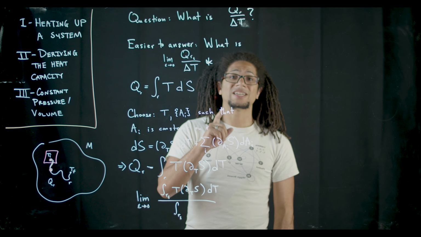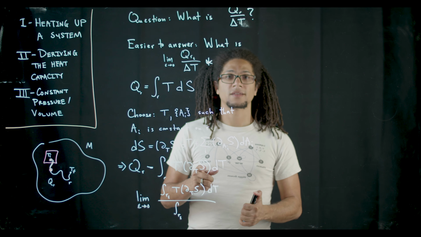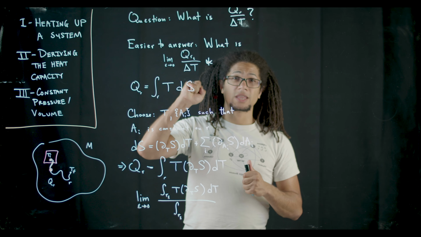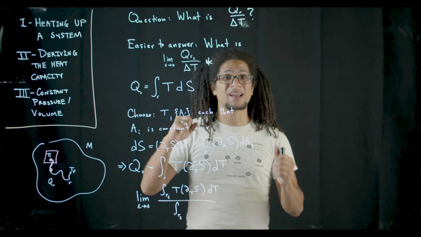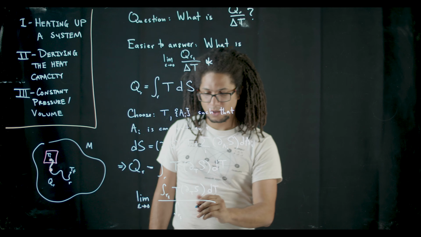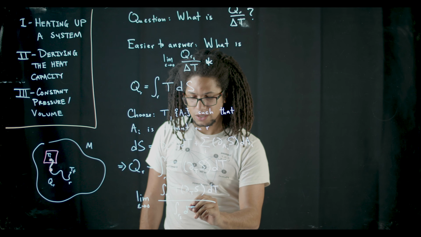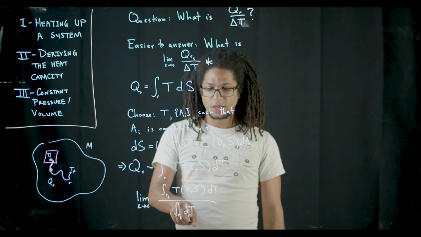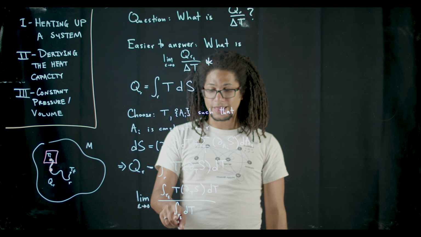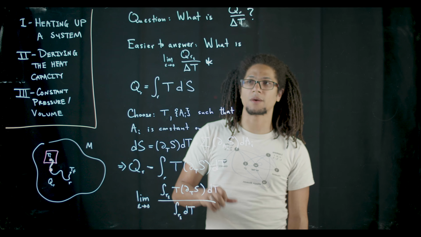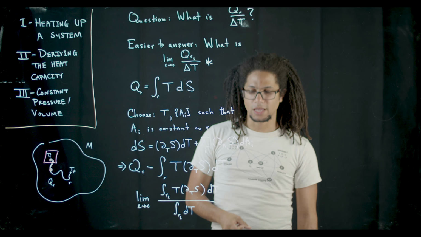The line integral of an exact one form over a path is simply the value of the associated function at the endpoint of the path minus the function at the beginning of the path. So what I should do here is put in dt. This line integral then will be t at the end point of r epsilon minus t at the beginning point of r epsilon, which is exactly the delta t that we wanted.